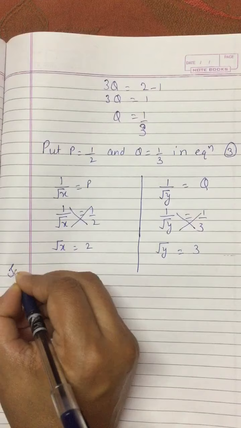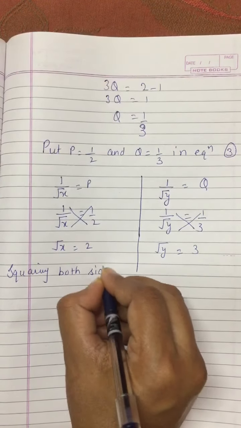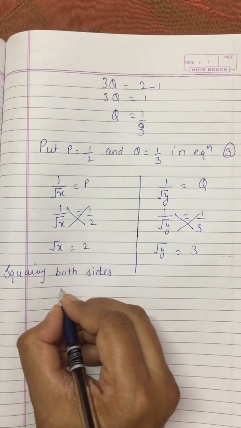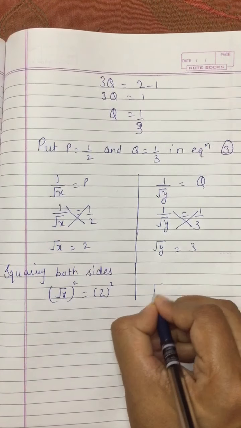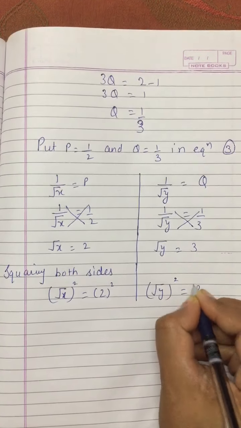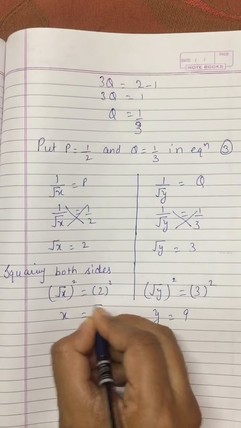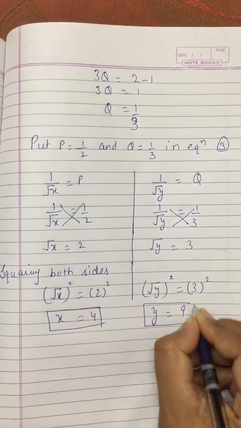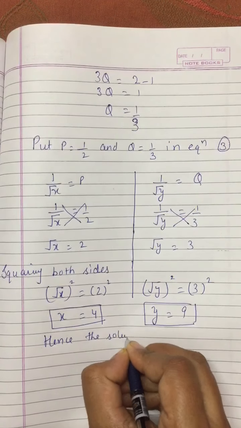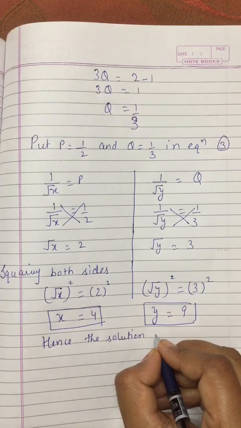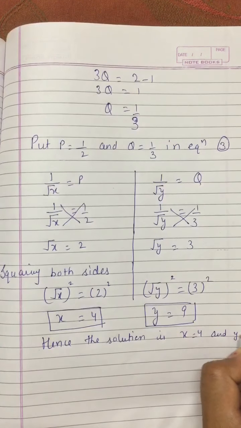Squaring both sides, root x squared equals 2 squared, and root y squared equals 3 squared, so x equals 4 and y equals 9. Hence the solution of the equations is x equals 4 and y equals 9.